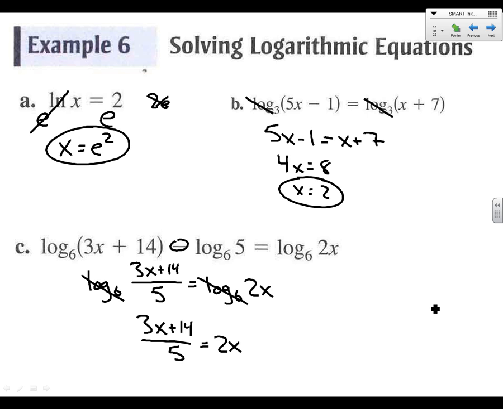We'll times both sides by 5. So we'll get 3x plus 14 equals 10. Those 5's will cancel out. And so 3x equals negative 4. So x equals negative 4 over 3 on example 6.